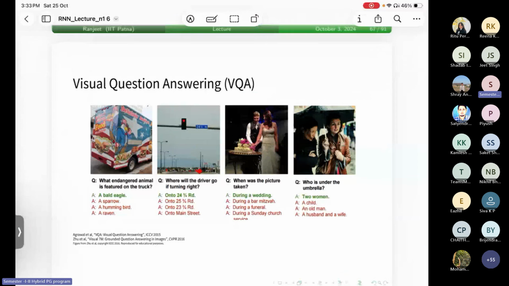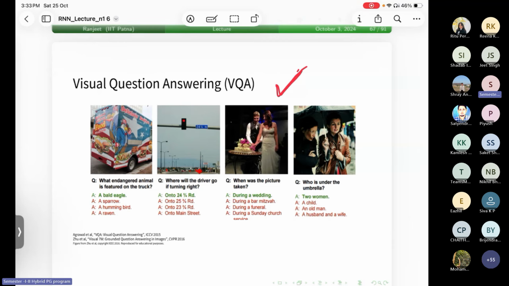We could go for an even more challenging problem compared to the previous one. In the previous case, your model was just describing the image. Now in this case, we are going to ask a question about the image.